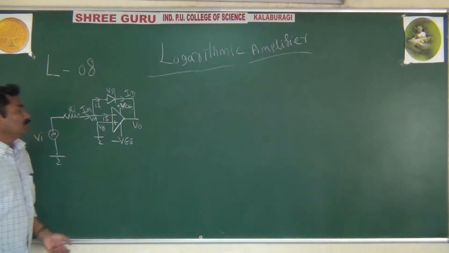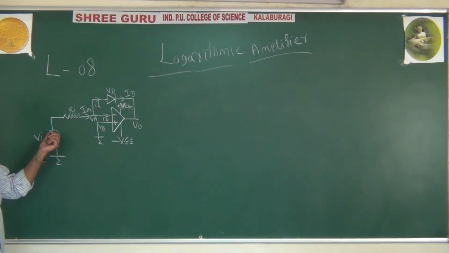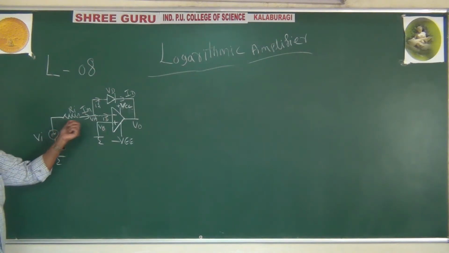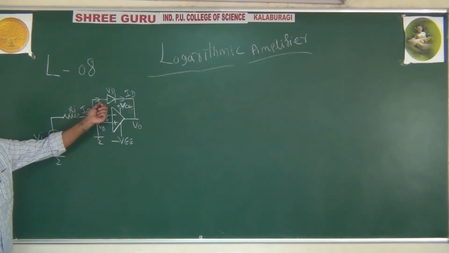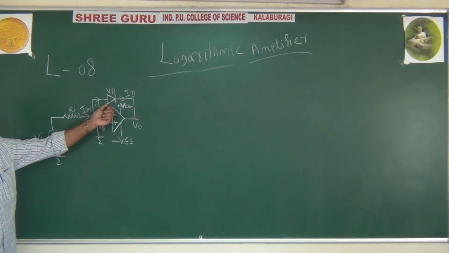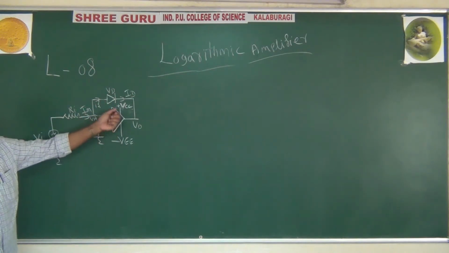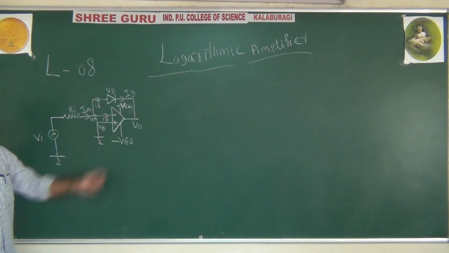And in this logarithmic amplifier, as usual, you are applying the input to the inverting terminal through the RI and you make the non-inverting terminal grounded. And here, in the output side, you are using a diode in the feedback path, and as usual you are applying the biasing voltages.